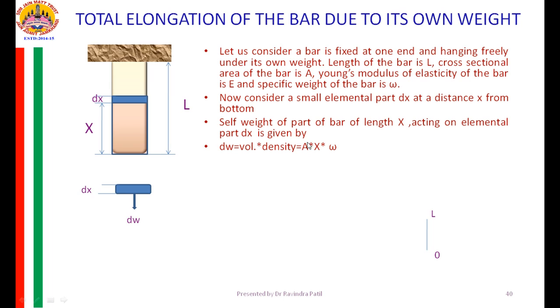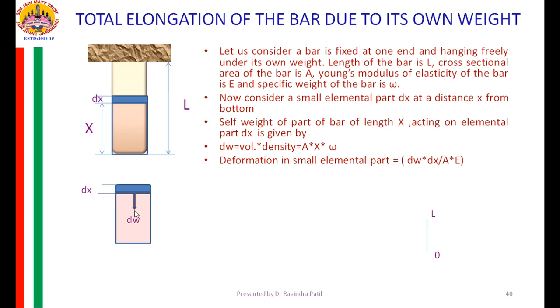Volume, area you are assuming A, multiplied by the distance will give you the volume. A into x is the volume multiplied with the specific weight. You will get the weight of that part. Weight of part is known to you. Hence, we can calculate the deformation of the small elemental part.